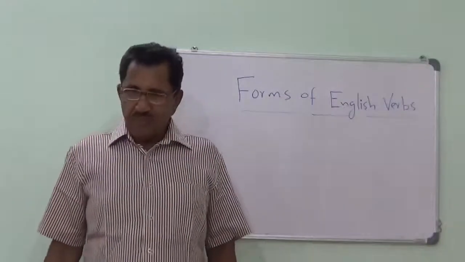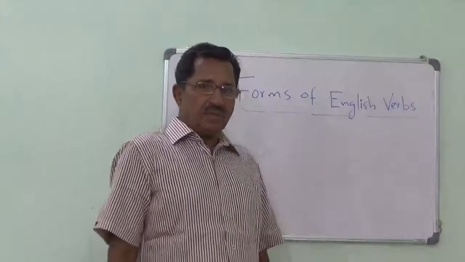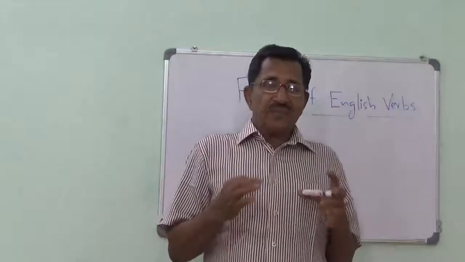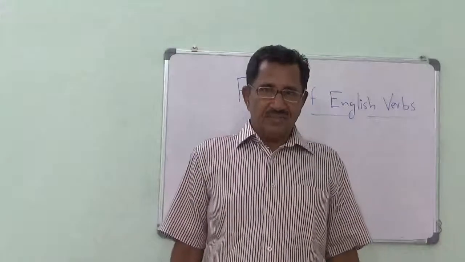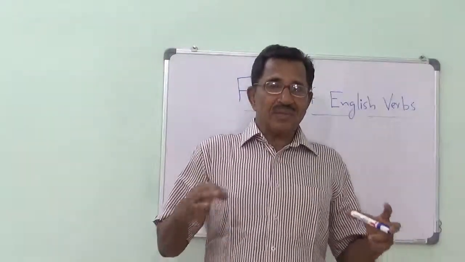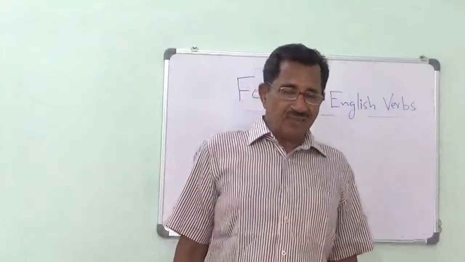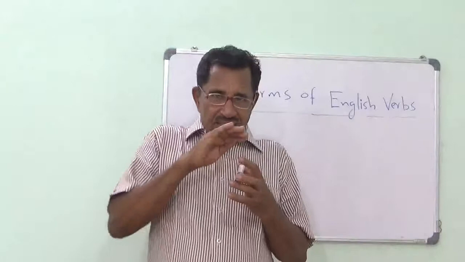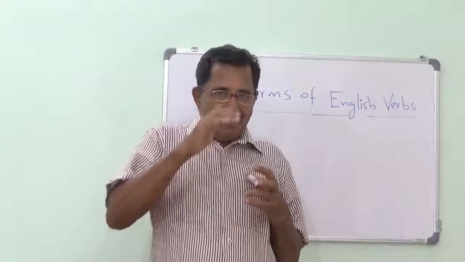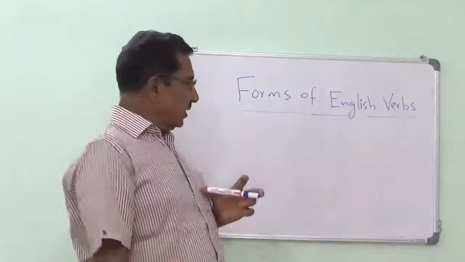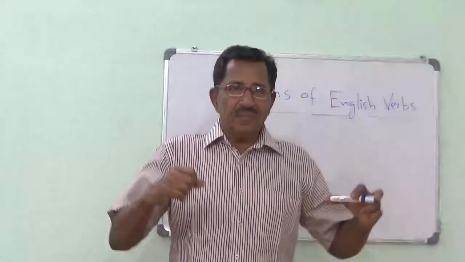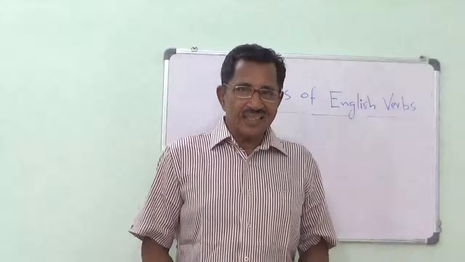So, mainly English verbs, and what is a verb? You remember what is a verb I told you? Verbs are action words. 99.9% of verbs are action words. Or sometimes they express state of being, that we will see later. Verb is an action word. Jump is an action.